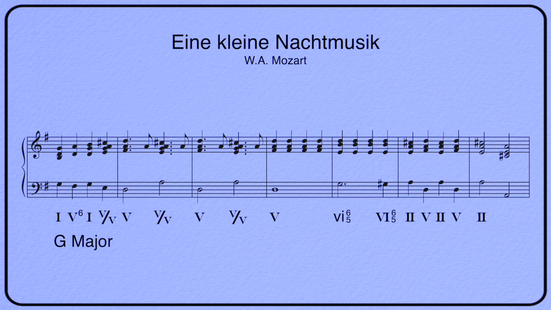To modulate effectively, Mozart begins by using a secondary dominant, A7, to tonicize the 5 chord, D major, but he does it repeatedly, not just once. Then, to really pivot the music toward the 5 key, he tonicizes that secondary dominant, turning this 6 chord, an E minor 7th, into an E dominant 7th.